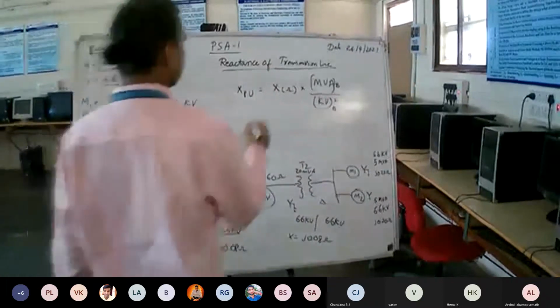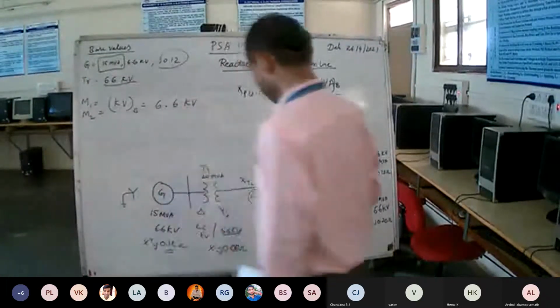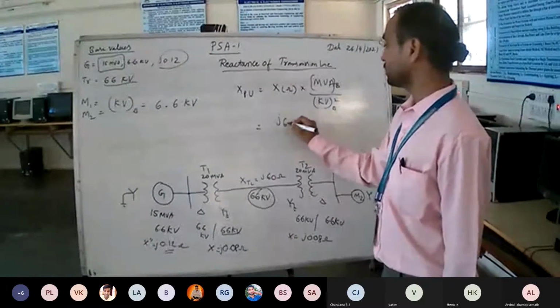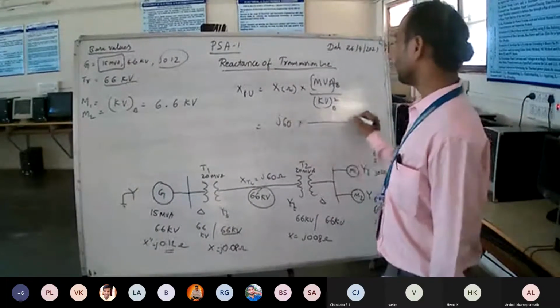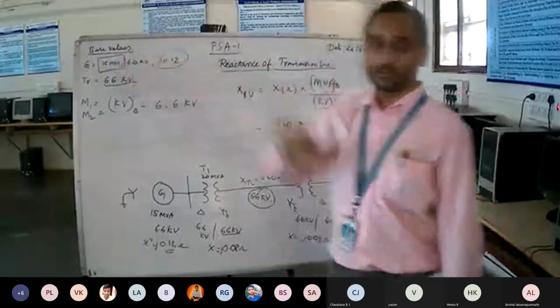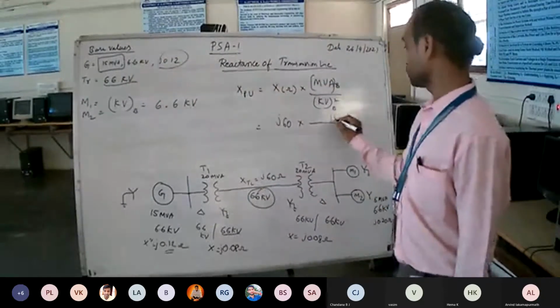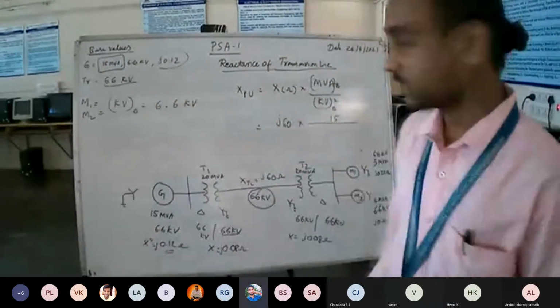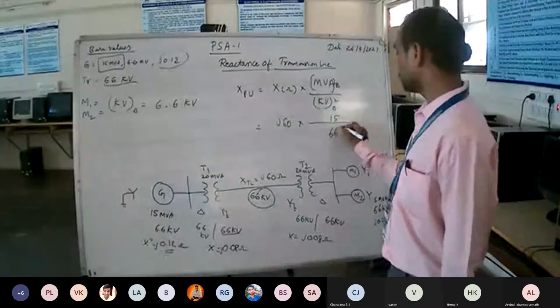Okay. So what is X ohm? j60 is given for the transmission line. j60 multiplied by MVA base for the transmission line, 15 MVA common, divided by kV square for the transmission line. What's the base voltage? 66. 66 square.